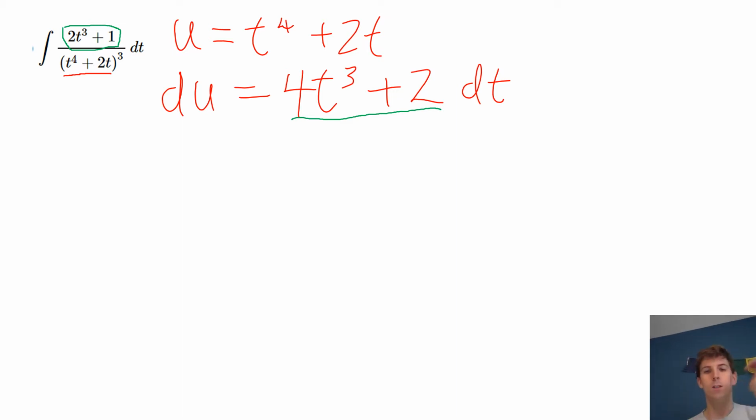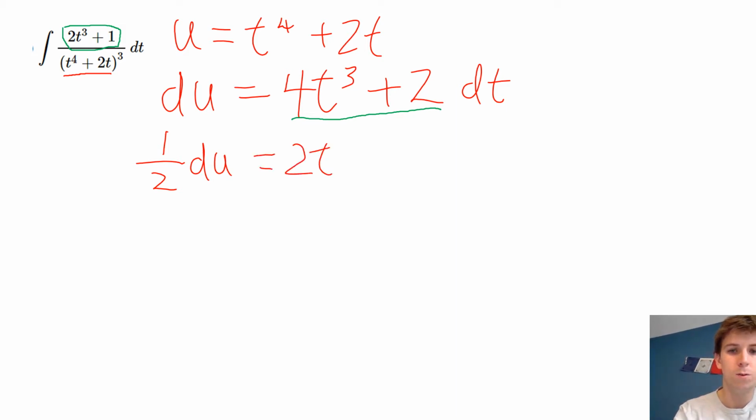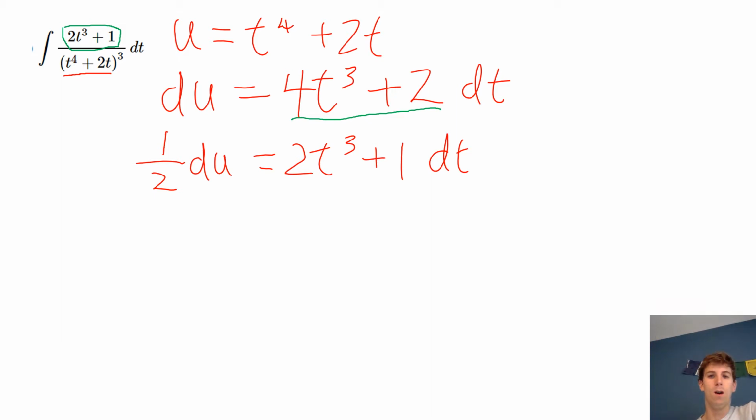I realized that I can easily get 4t cubed plus 2 to look like 2t cubed plus 1 if I just divide by 2. So I'm going to divide both sides by 2 here. So I'll have 1/2 du equals 2t cubed plus 1 dt.